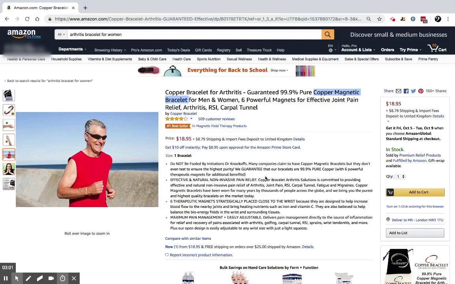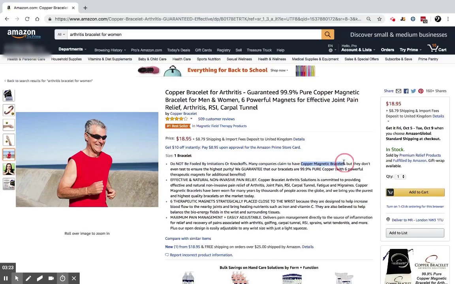What I would say is that they've obviously put a few keywords in these bullet points, but if you read them, "do not be fooled by imitations or knockoffs," blah, blah, blah. That's not really a strong benefit or a strong keyword, or in fact a keyword at all. So they've wasted quite a lot of space, I would say.